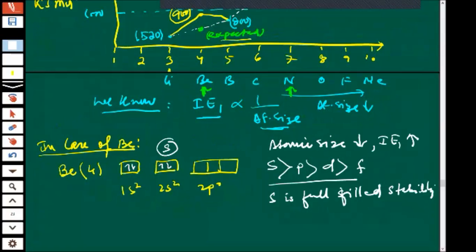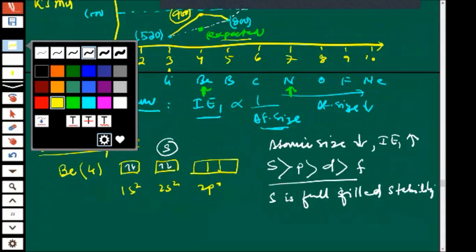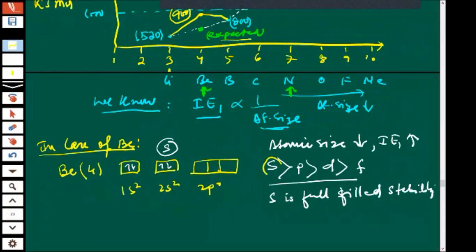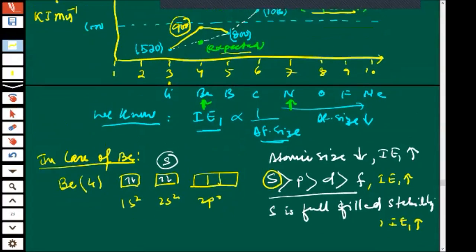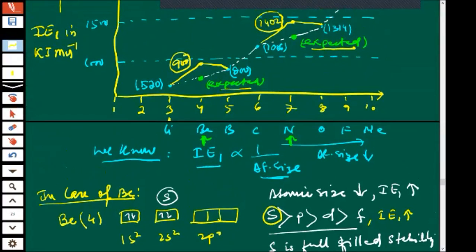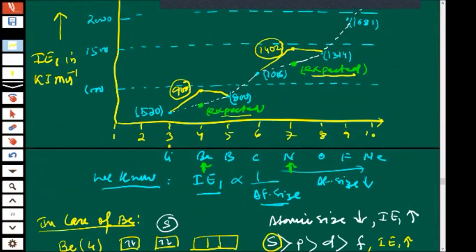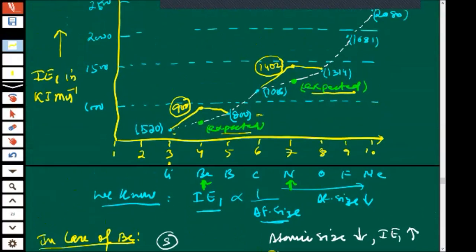And we are removing the electron from s, so IE will increase, and s has fulfilled stability, and therefore IE1 will increase. So three factors are related with beryllium, and that's why the ionization energy of beryllium is greater than boron. Children, one thing I will tell you, there is no problem in lithium, and no problem in boron also. They are in their correct position.